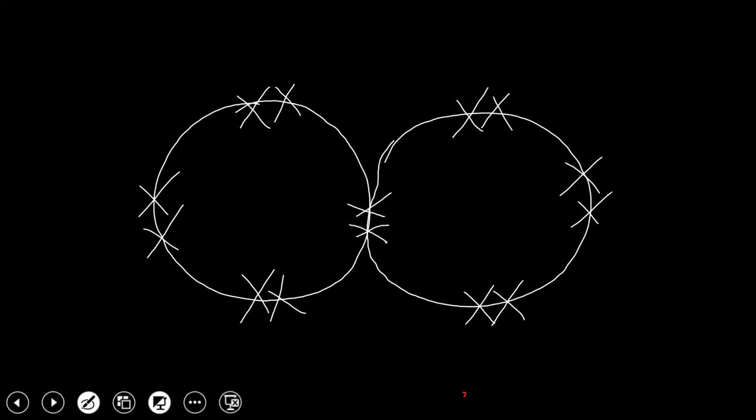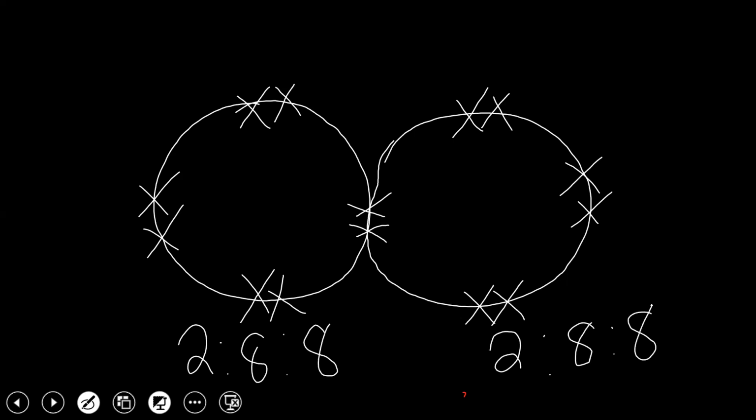This one brings the electron which wasn't paired, and this one also brings one electron. At the end, the outermost shell is going to be 2 to 8 to 8 for each, forming the stable configuration. So they share these unpaired electrons to form a stable configuration. Covalent bonding is all about sharing.